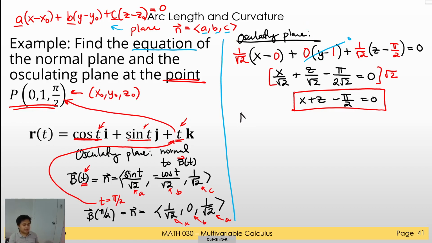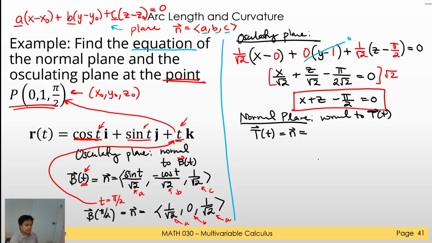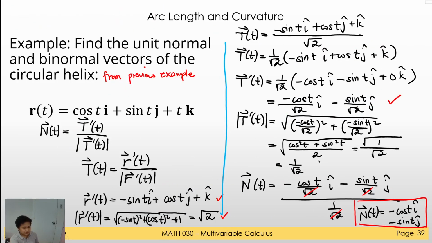Now for the normal plane, we have to do this again, no? So the normal plane is normal to the unit tangent vector T of t. So your n vector should be equal to this unit tangent vector. So what is our unit tangent vector for this previous problem? We have this, right?